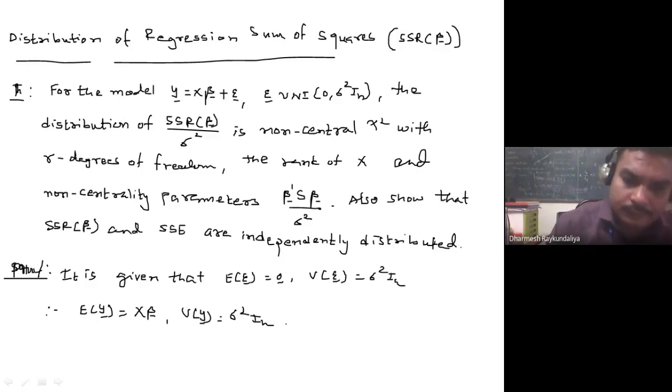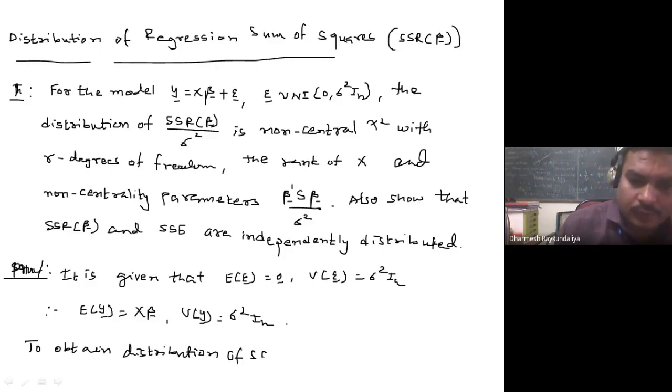Now to obtain the distribution of SSR(β), we define it as follows. So we know what the SSR(β) is. β is unknown, so we just substitute its estimated value.